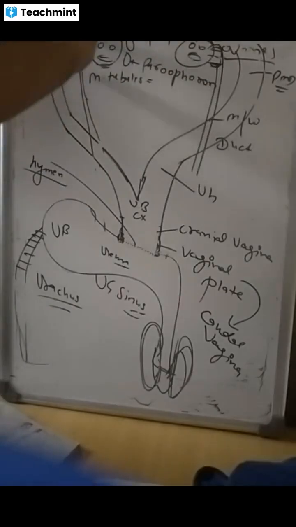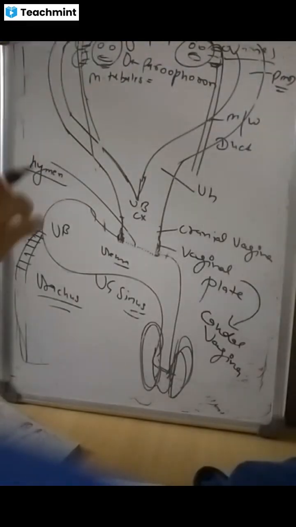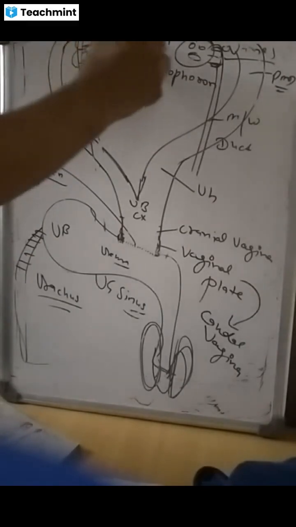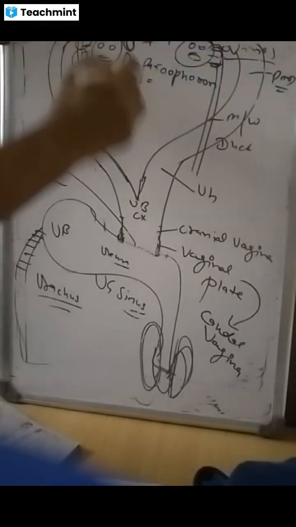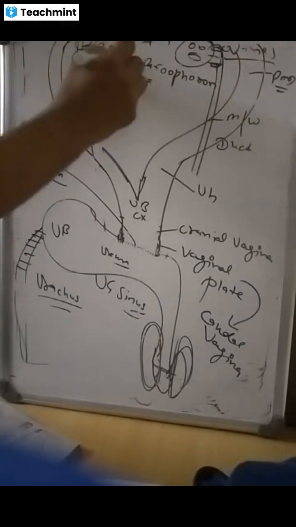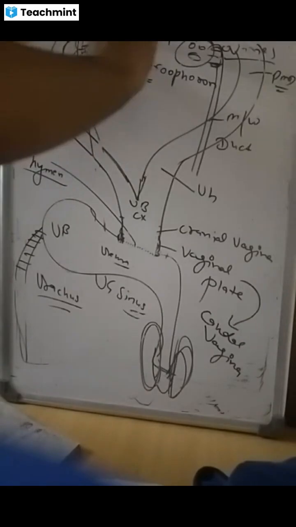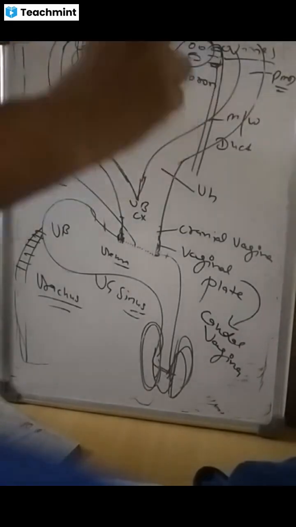This is from the mesonephric tubule. The structure that is above, the epoophoron or paroophoron, these are remnants of the mesonephric duct in case of female.